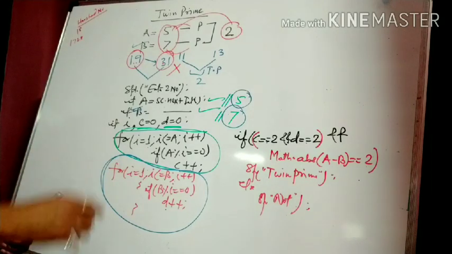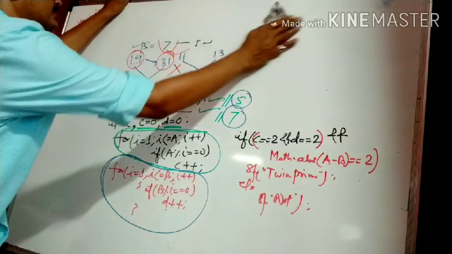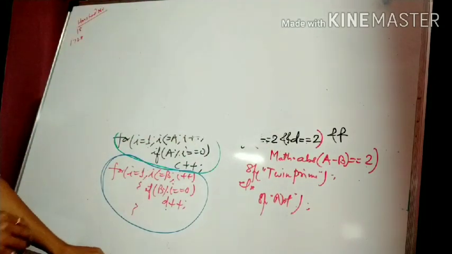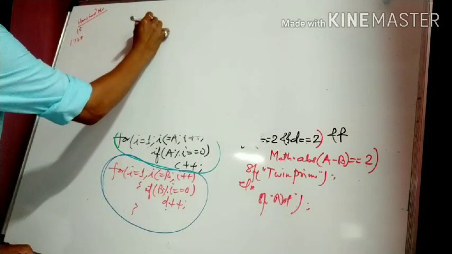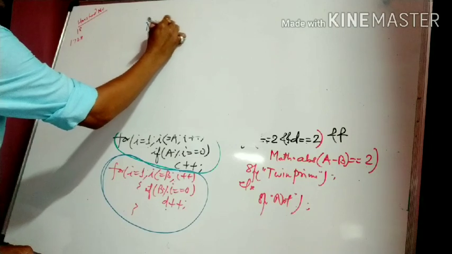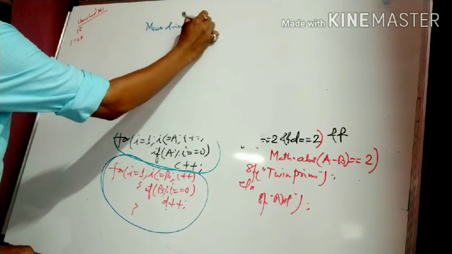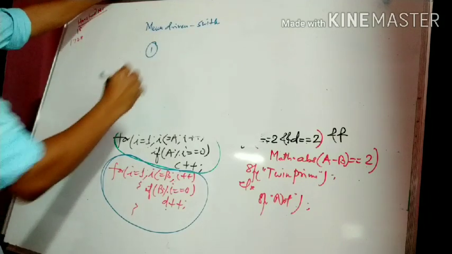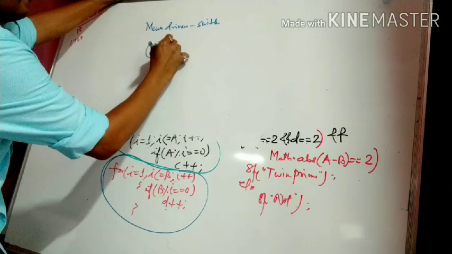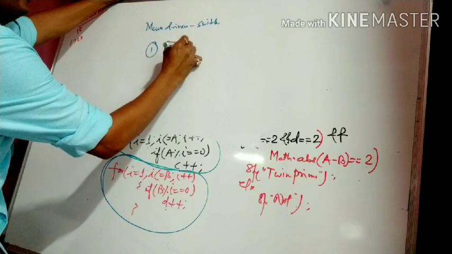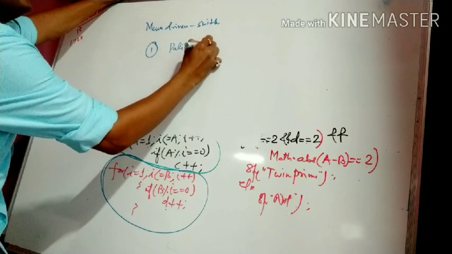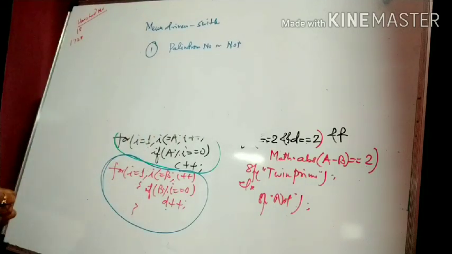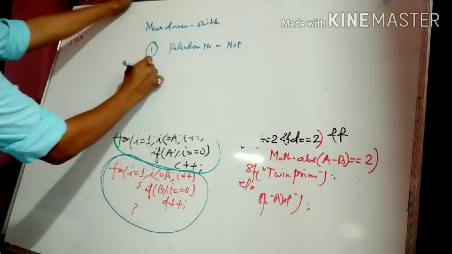One more homework you children write here. Using a menu driven program, menu driven, that means switch case. Number 1, check whether the number is a palindrome number or not.